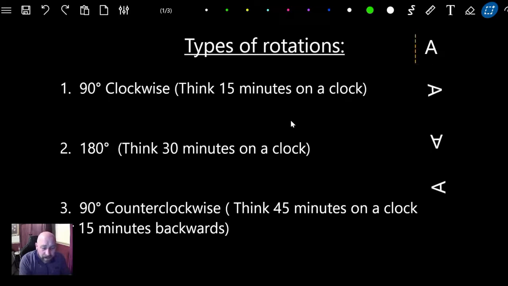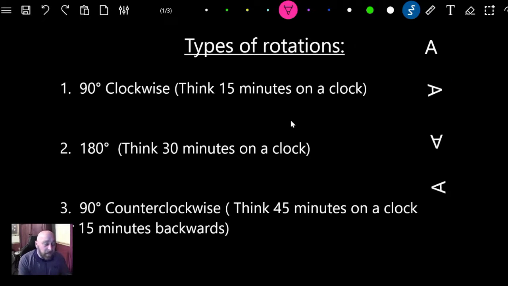I've put the letter A over here, and what we're going to do with the letter A is rotate it around. The first one, obviously, is what the letter A looks like. Normally, when you write the letter A, that's what it looks like. The first one I have rotated 90 degrees clockwise. In other words, you take the letter A and you turn it 90 degrees in the clockwise direction. And it would look something like that.